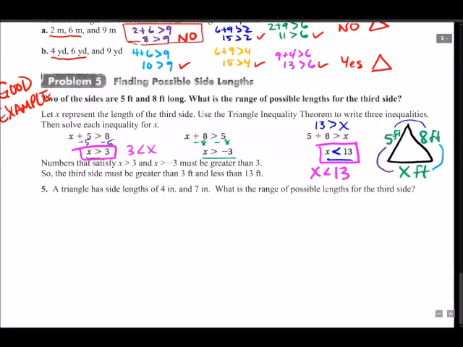We switch our inequality with it. We can put our small number on the left, our big number on the right, and our x in the middle, and these will always be less than. That means 3 is smaller than any possible x value, and any possible x value is smaller than 13.